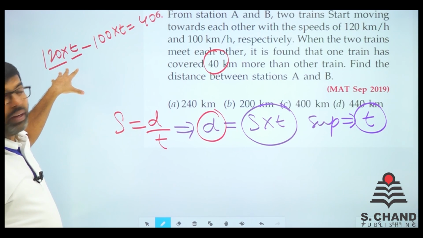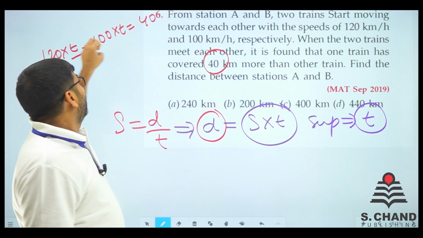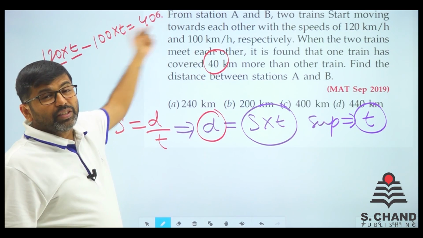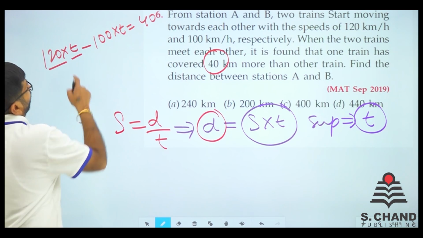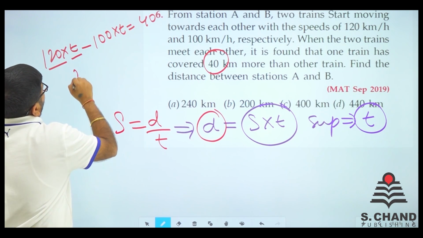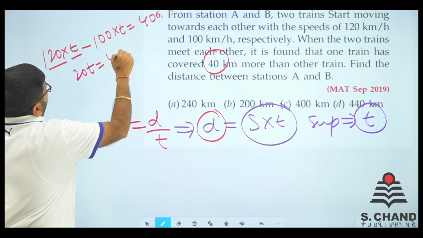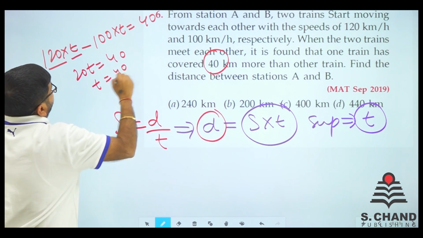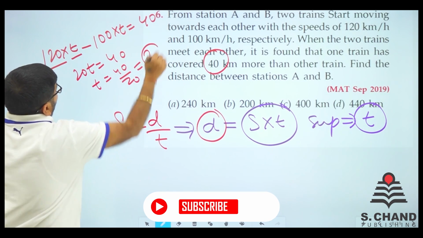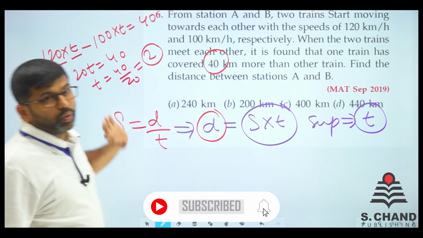Distance covered by the first minus distance covered by the second, and that difference is 40 because this is 40 more. So 120 minus 100 is 20T is equal to 40. So T is equal to 40 by 20 is equal to 2. So we got T is equal to 2, right?